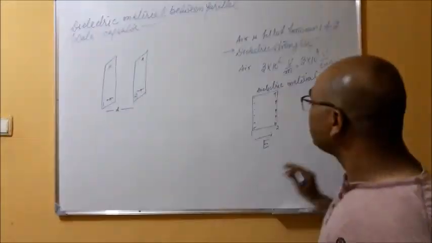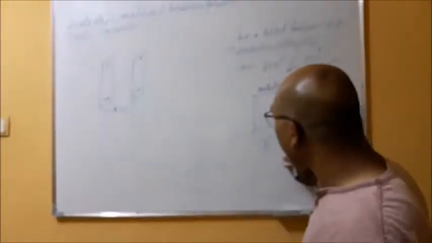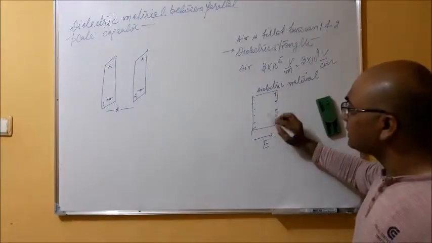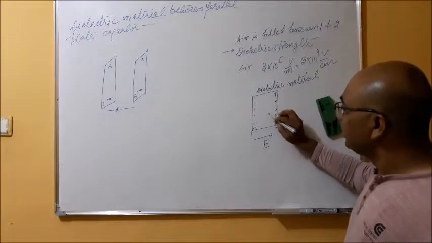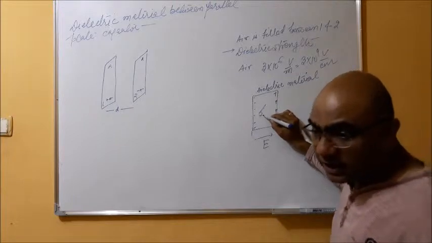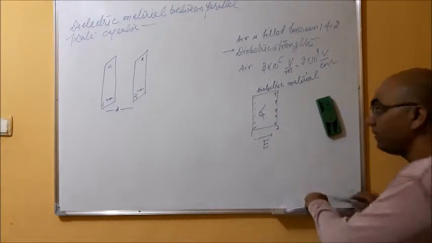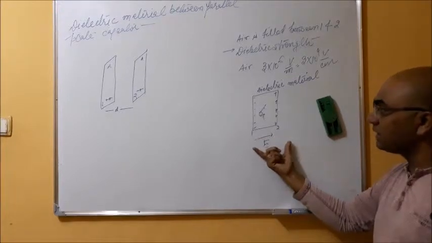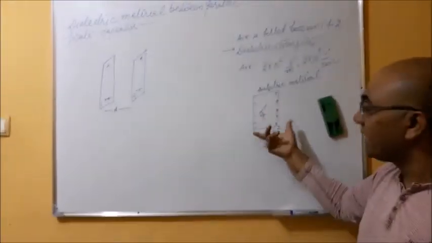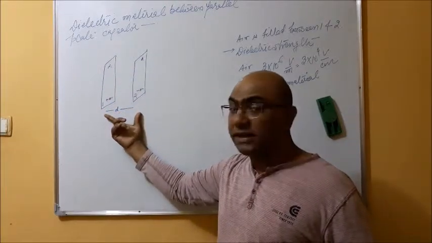And I say that the dielectric material has a surface charge density, say sigma P. So what will happen if I put this dielectric material exactly between these two plates?